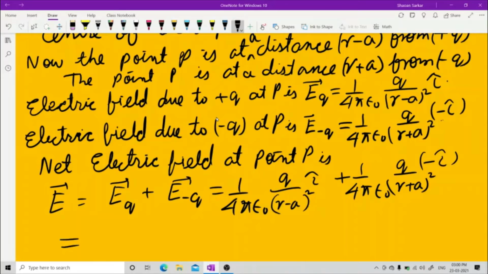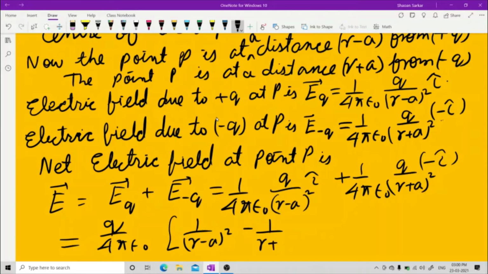Now take common out 1 by 4 pi epsilon naught q, into 1 upon (r minus a) whole square minus 1 upon (r plus a) whole square, i cap.